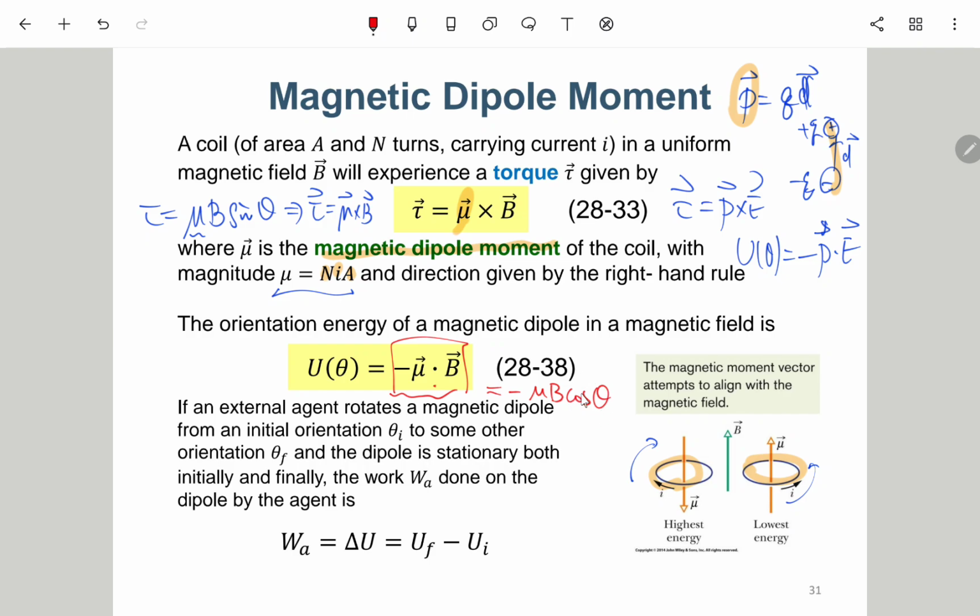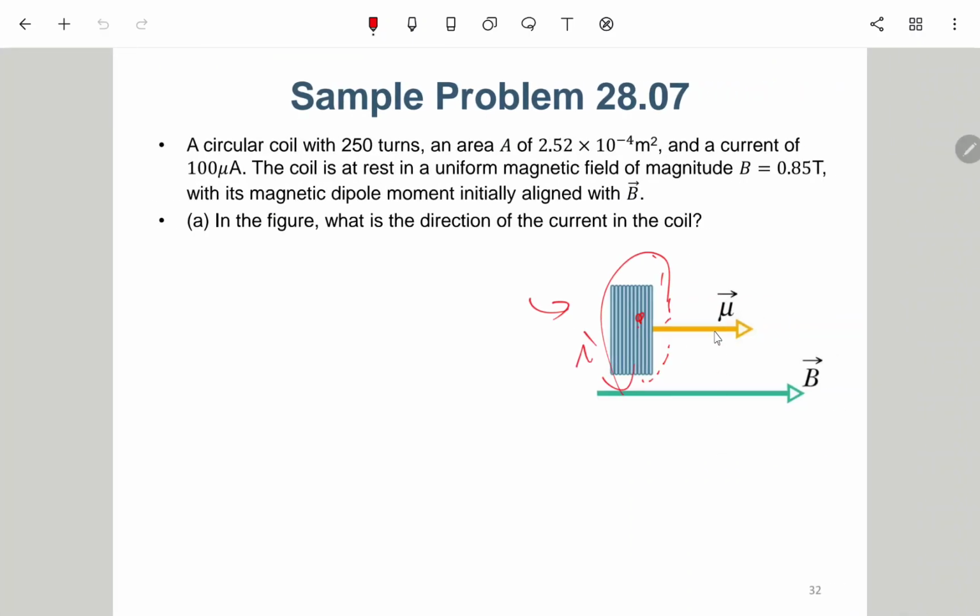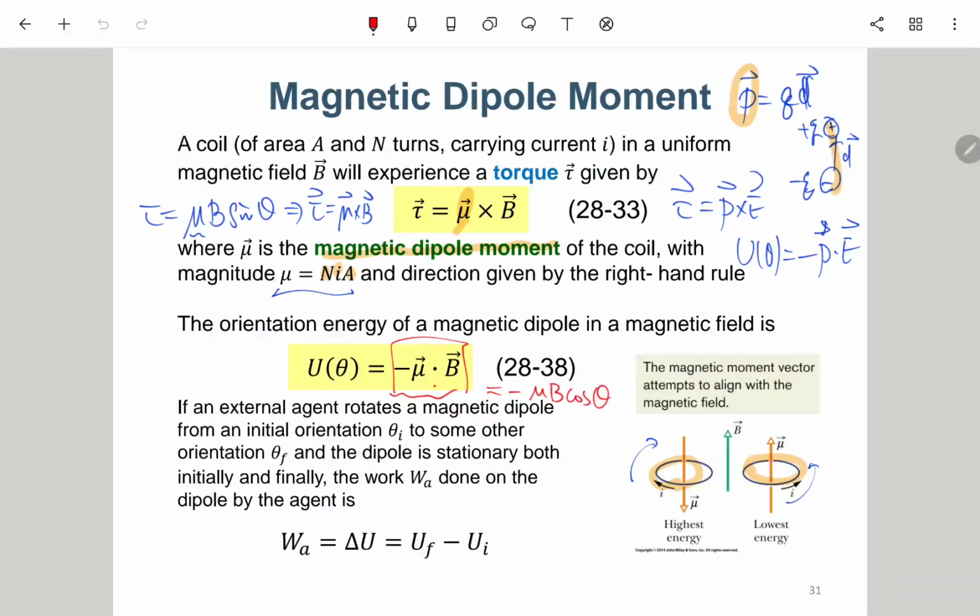This cosine of theta ranges between -1 and 1, so the minimum value is negative mu B and the maximum value is positive mu B. If theta equals 0 degrees, cosine of theta is 1, so it takes the minimum value of negative mu B. If theta equals 180 degrees, cosine theta is -1, so it takes the maximum value of mu B. If it is 90 degrees, then it is 0.